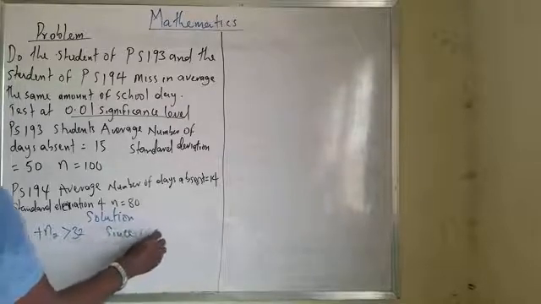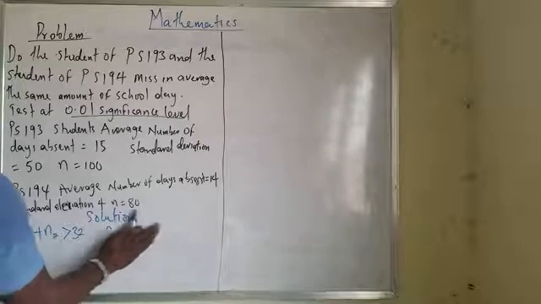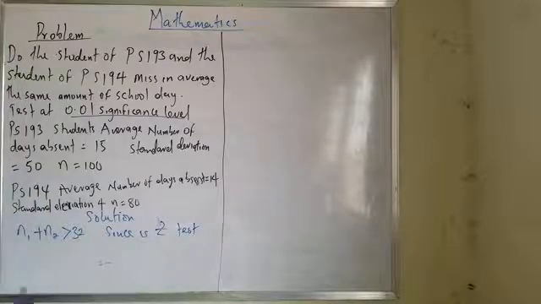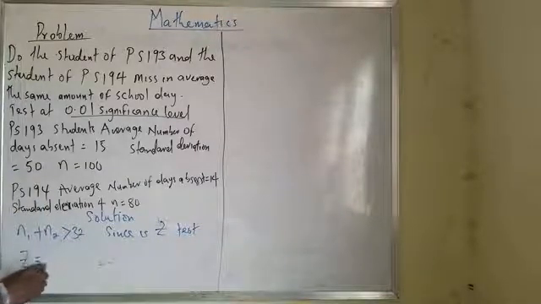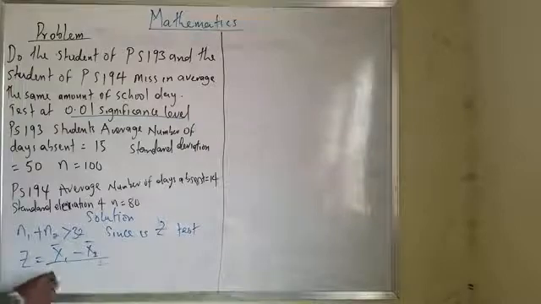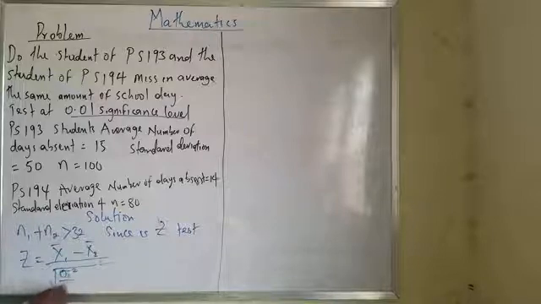Since it is, we are running towards the Z test. Now, what is my Z test? It is the difference of the means divided by the square root of sigma1 squared over n1 plus sigma2 squared over n2.